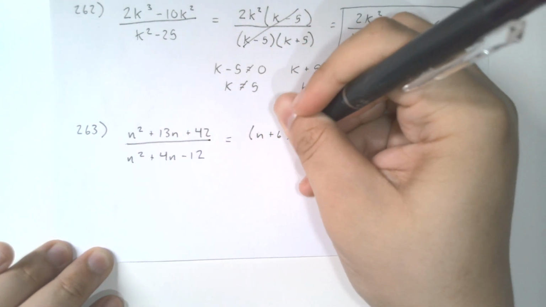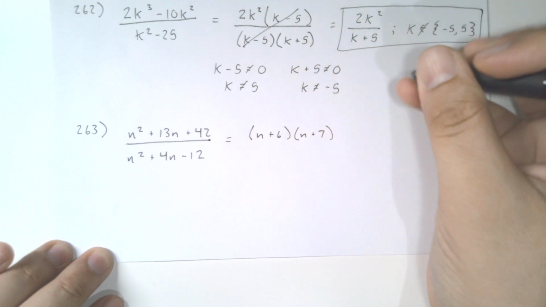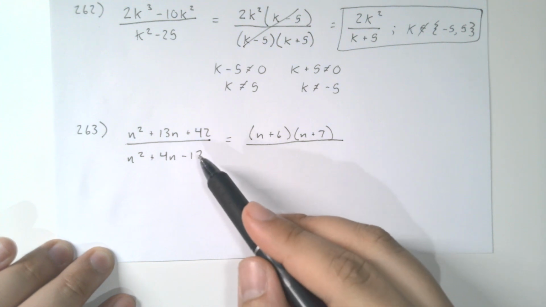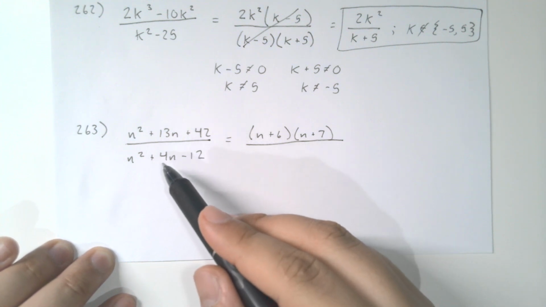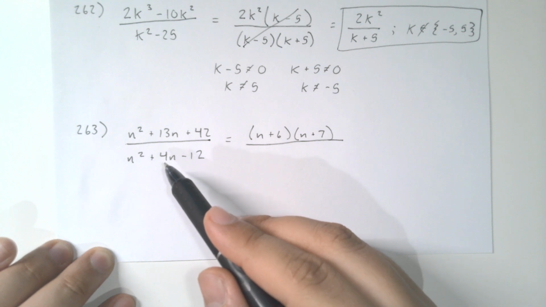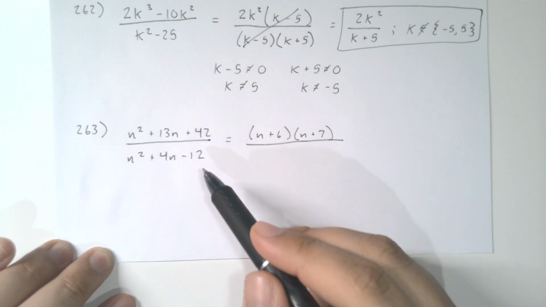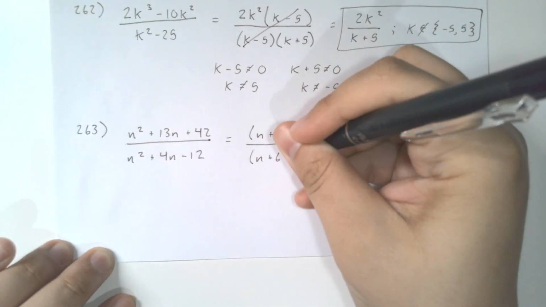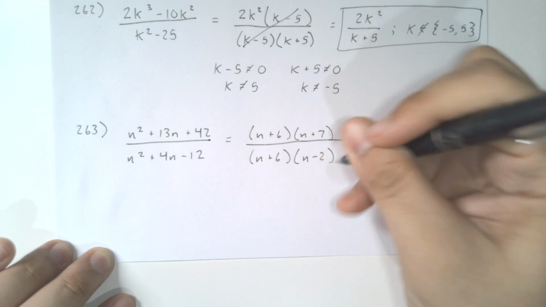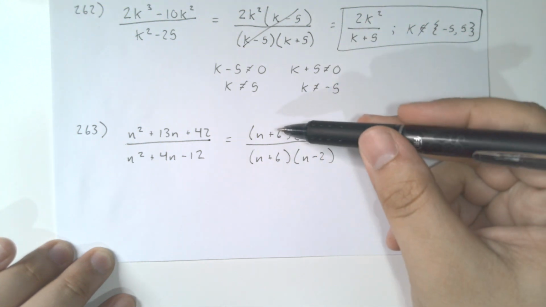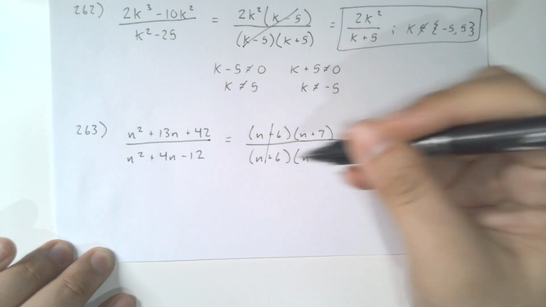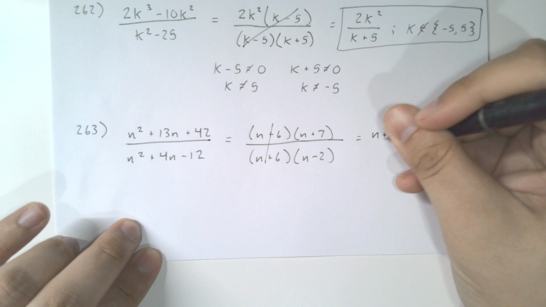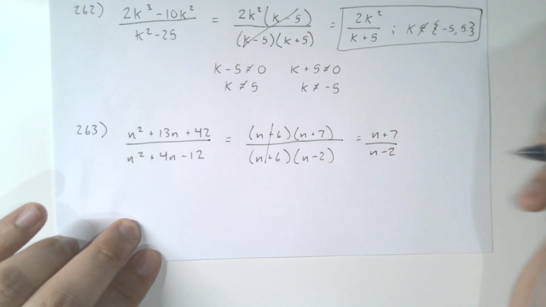So we have n plus 6 times n plus 7. And for the bottom, we want to find two numbers that multiply to negative 12 but add up to positive 4. So let's see, we have positive 6 and negative 2. And now we have n plus 6's on both the top and bottom, so those cancel, and all we're left with is n plus 7 divided by n minus 2.